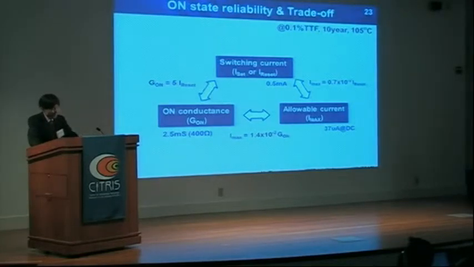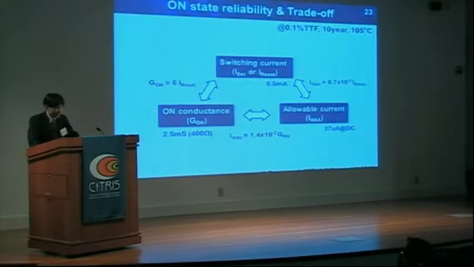To evaluate the on-state reliability, we use the allowable current for 10 years durability. The allowable current is proportional to on conductance. And on conductance is also proportional to switching current. I mean reset or set current.